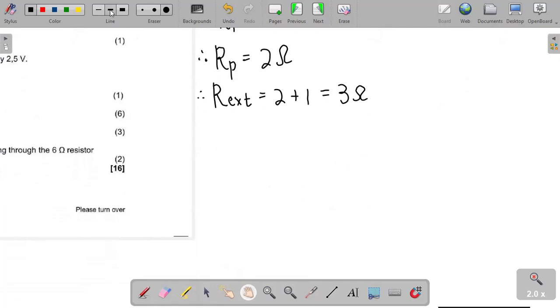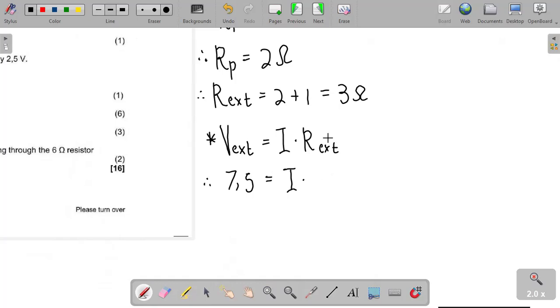Okay, so we then can say V external equals I multiplied by R external. So the external resistance here. Then we can say 7.5 equals I multiplied by 3.